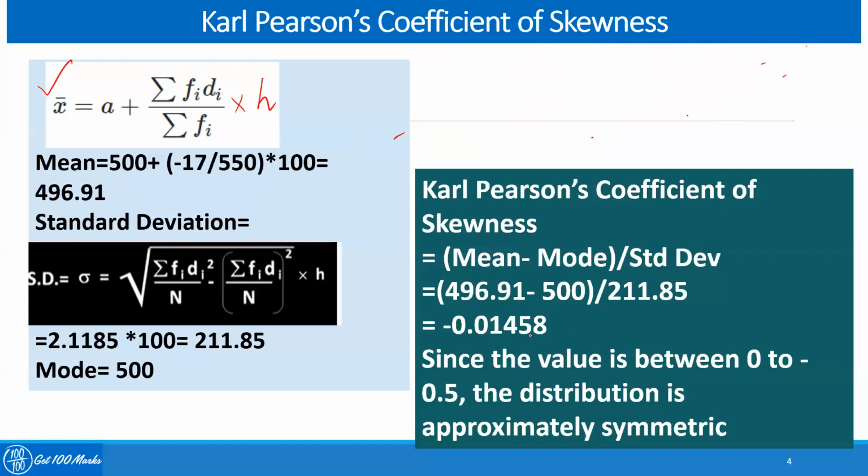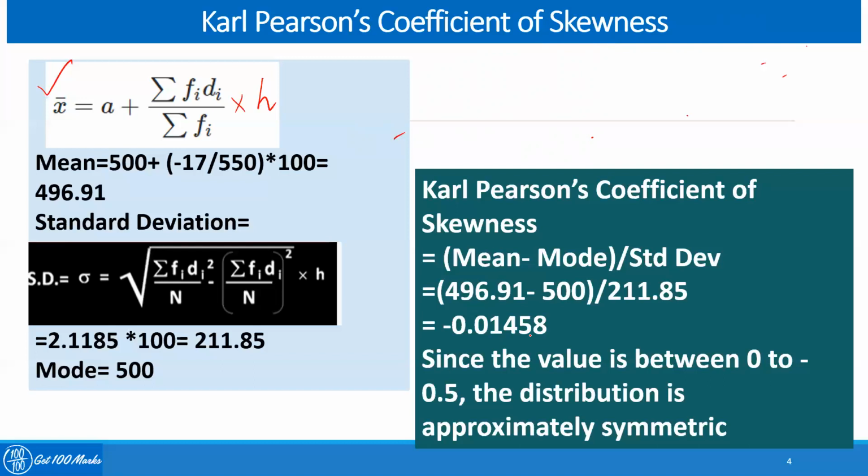Now, I discussed in my earlier videos how we say whether there is a high, moderate, or low level of skewness. If the value is between minus 0.5 and plus 0.5, we can say there is a very low level of skewness, or it is called approximately symmetric.